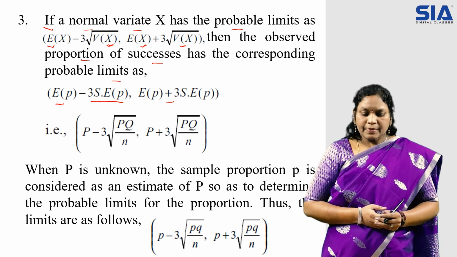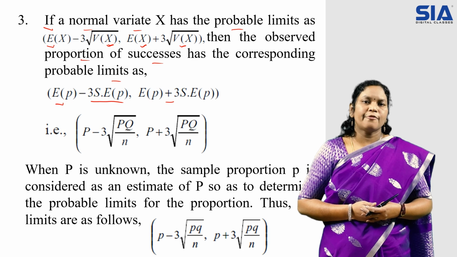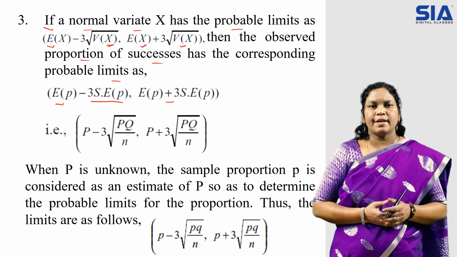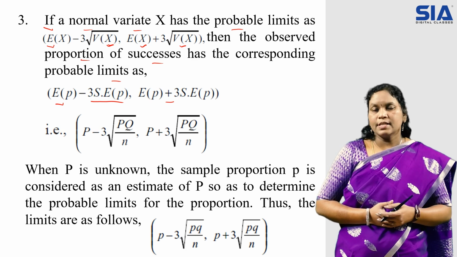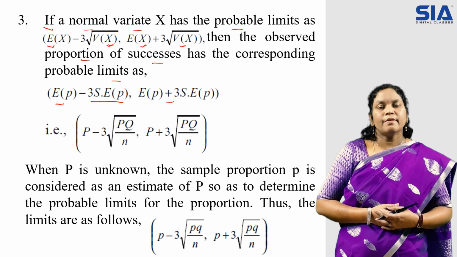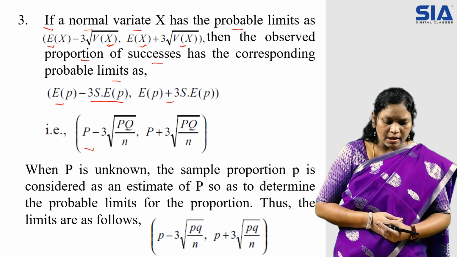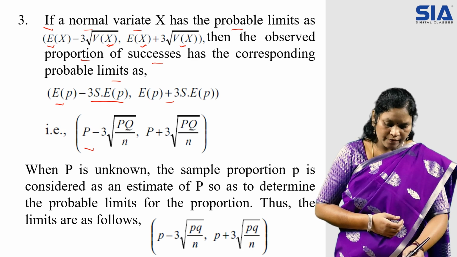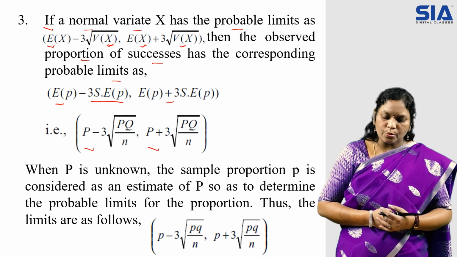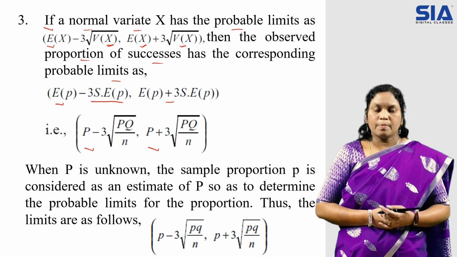Let us substitute the values of E of p and the standard error, which we just discussed. So the lower limit is p minus 3 root pq by n, and the upper limit is p plus 3 root pq by n. This becomes the limits for the single proportion.